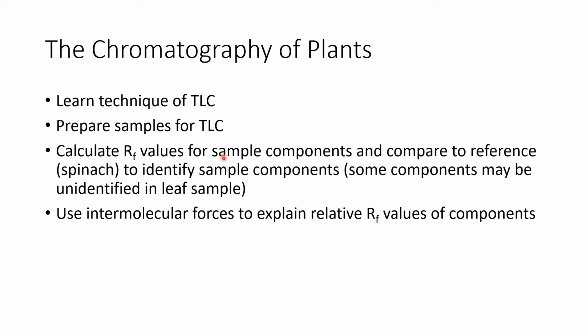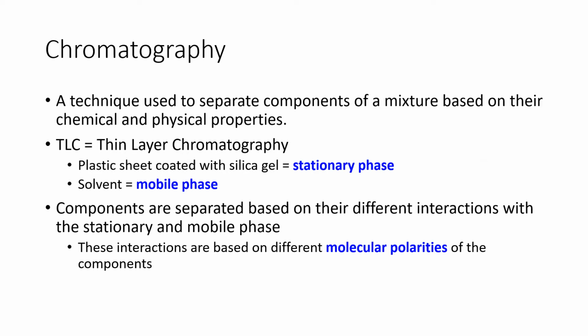And each of those components will have a different RF value. So by calculating the RF values and comparing them with the spinach reference, you should be able to identify what those components are as best as you can. Later, we'll try to use the concept of intermolecular forces to explain why those pigments will have different RF values.